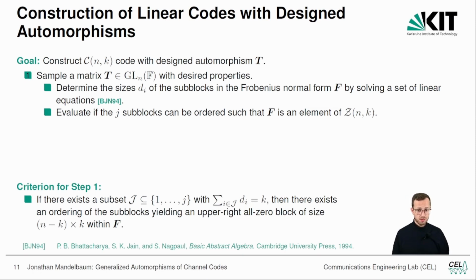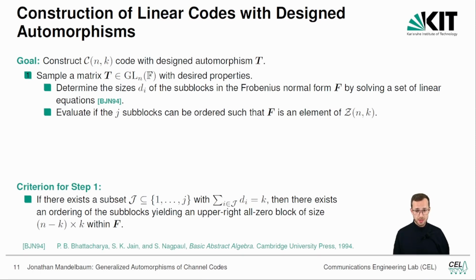If there exists a subset I of the indices of the subblocks such that the sizes of the chosen subblocks sum up to k, then there exists an ordering of the subblocks yielding a 0 block in the upper right corner of the required size, and therefore we are able to calculate a Frobenius normal form of this structure.